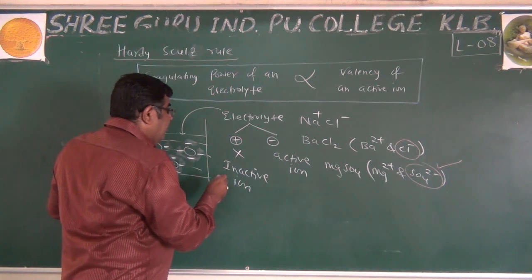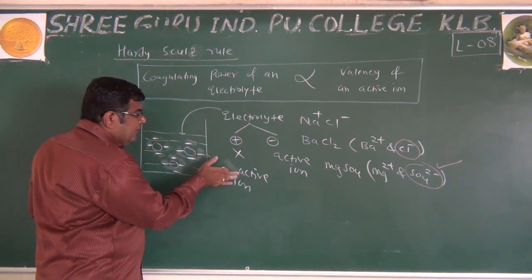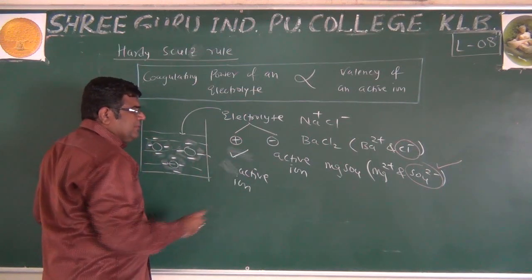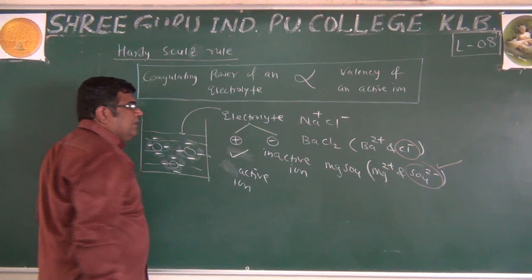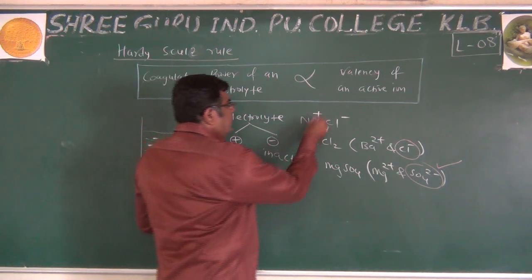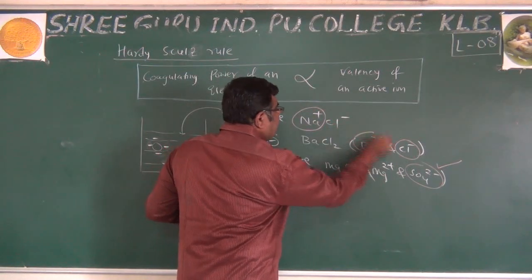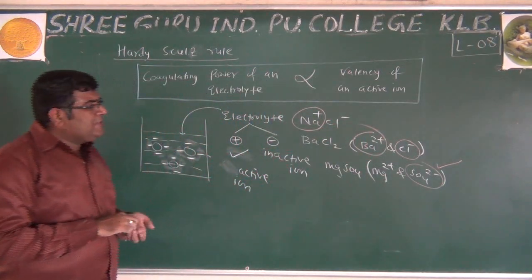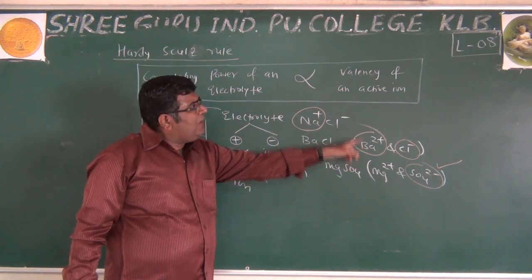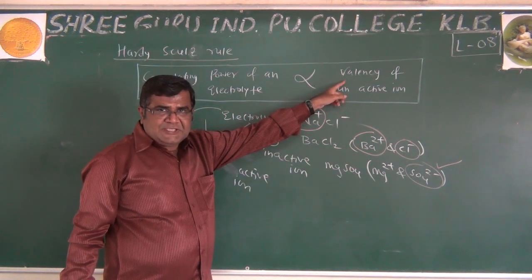Now, which will be the active ion? The active ion will be positive now. This is active, and this will be the inactive ion. And if we compare these two active ions, which is more efficient? Ba plus 2. Why? Because the valency is greater.